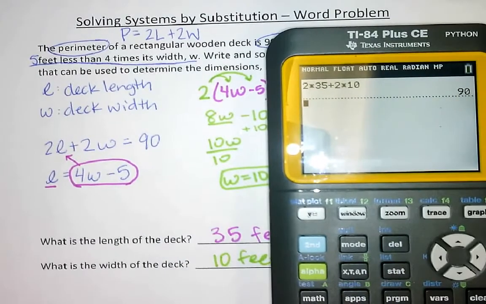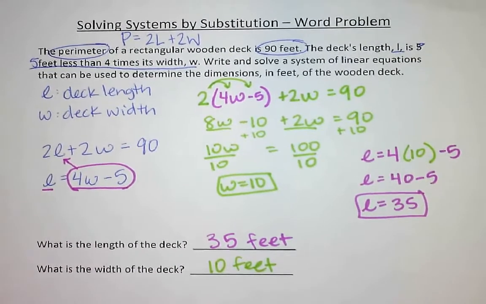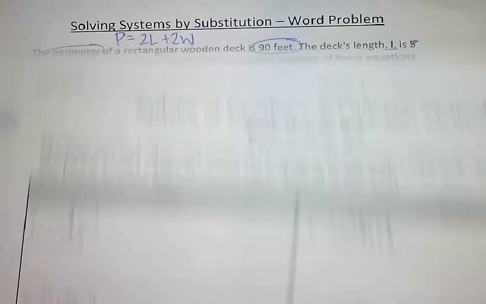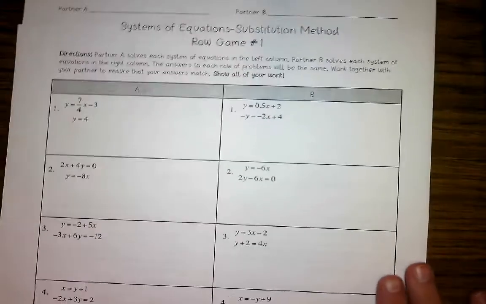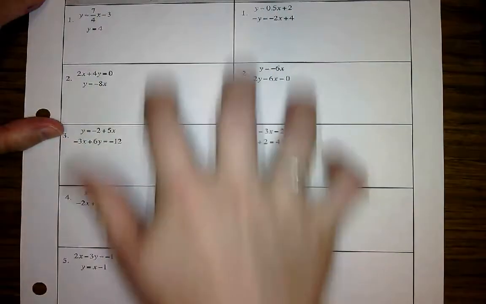All right, so now, guys, what you are going to be doing is I'm going to be passing out a paper. All right, and so on this lovely paper, you guys are going to be working in partners. All right, and how this is going to work, guys, is y'all are going to have 5 questions. There's 5 problems on the front of this paper. I want you to do these by substitution, the substitution method.